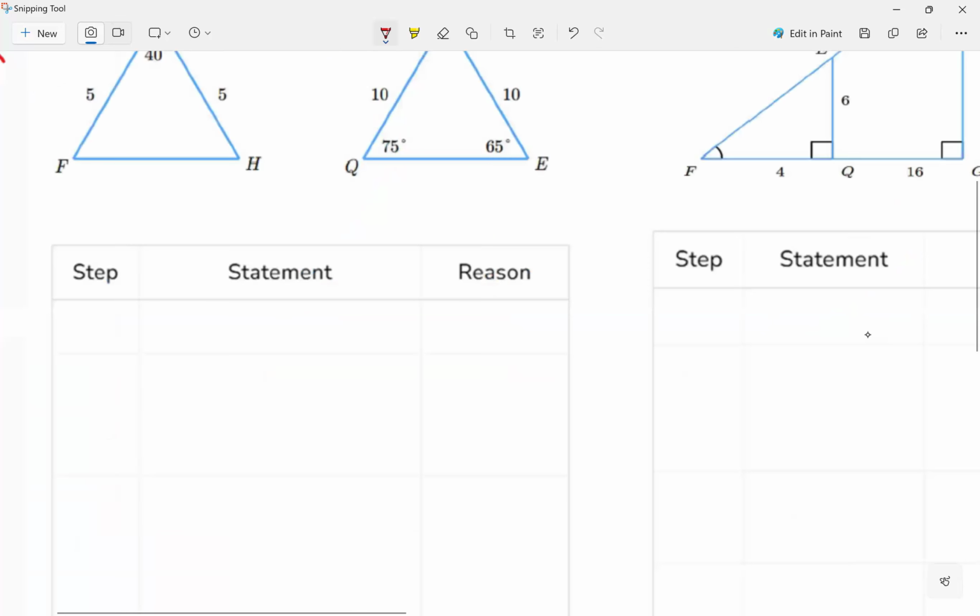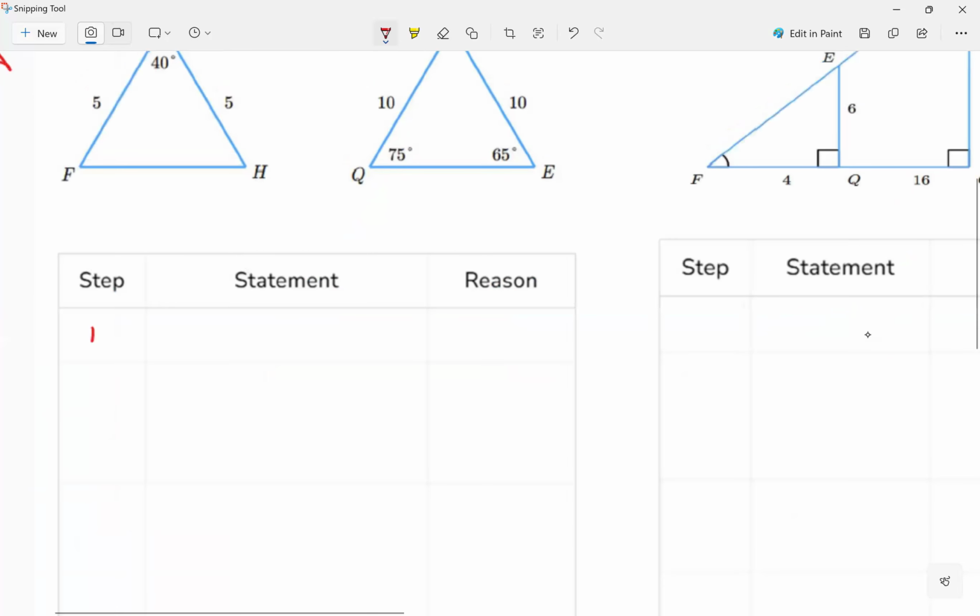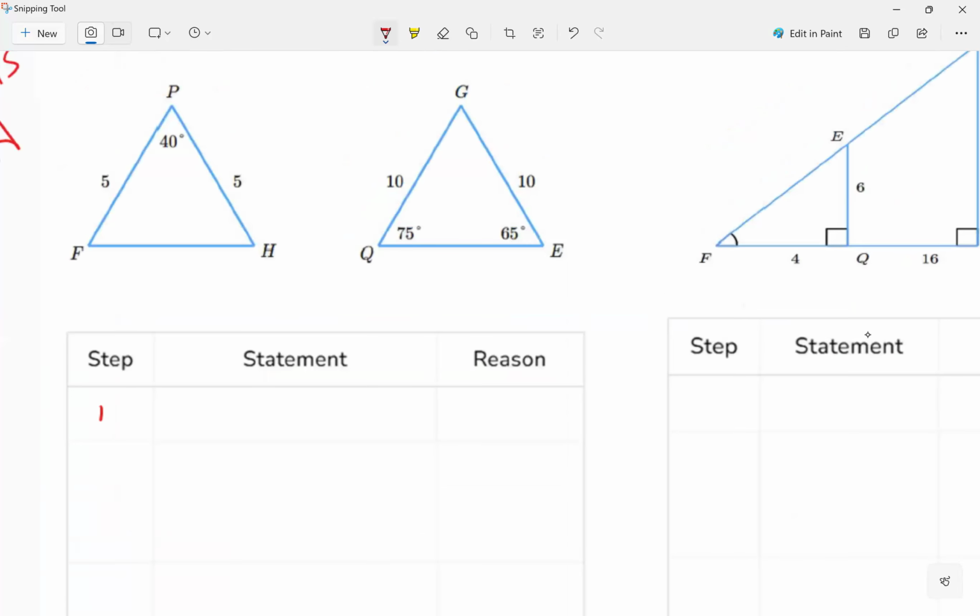So let me just say my step number one. Let me say my measurement of angle. So I'm looking at this angle. Okay, so I remember I have to use all three letters. In this case, G in the center.